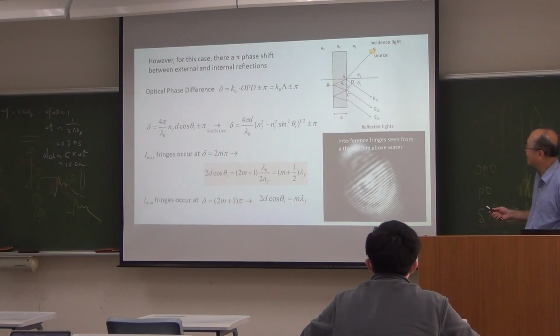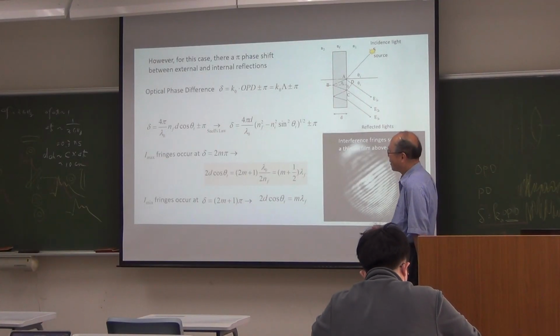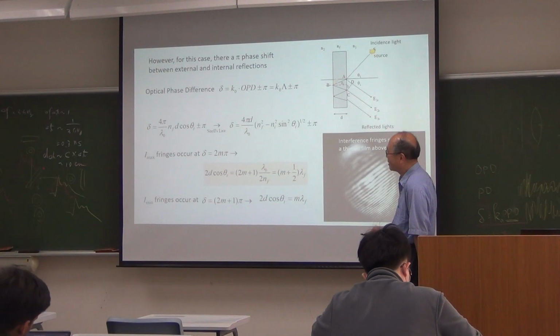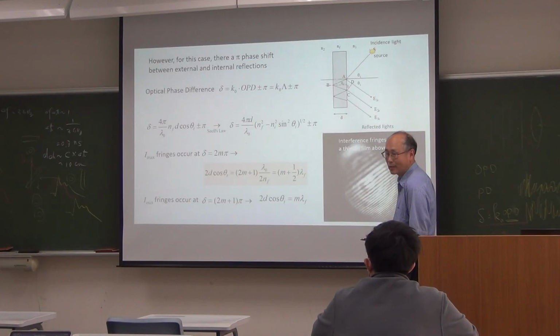All right, then let's go back to this Michelson interferometer. For this Michelson interferometer, the path difference is the length between these two arms. And then we can use the path difference and the interference fringes to determine the coherent length.